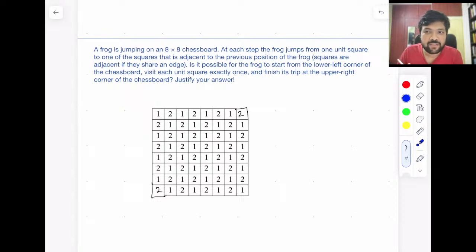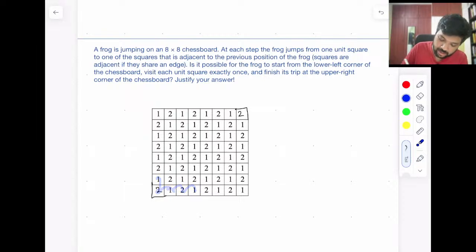So Abhi notes in chat that if there exists such a path, the number of moves would have to be even. Okay, so let's see why. If you start from the lower end of the square, every time you make a jump, you jump from a 2 to a 1. So if you start from 2, you'll jump to a 1. Second time you will jump to a 2. So after 2 jumps you are at 2. After 3 jumps you are at 1.